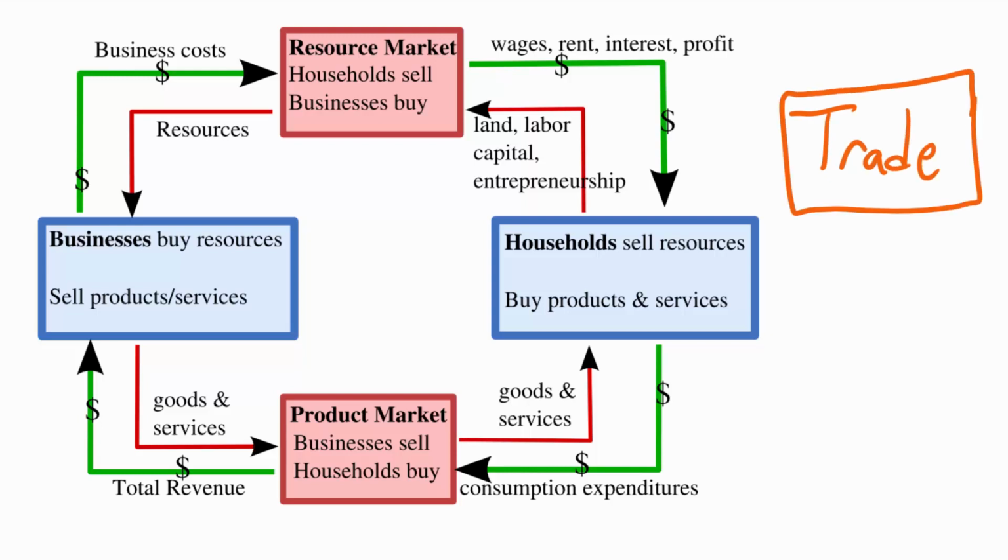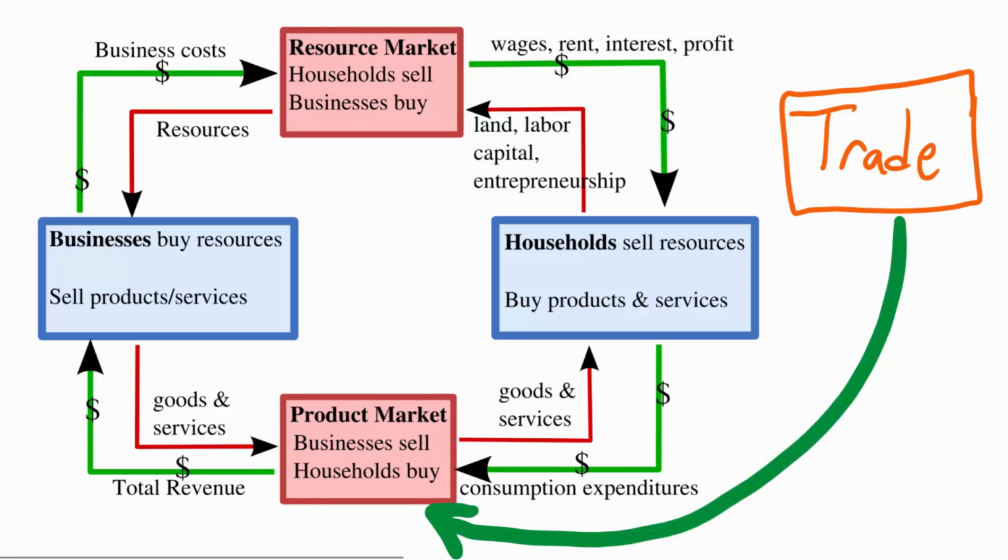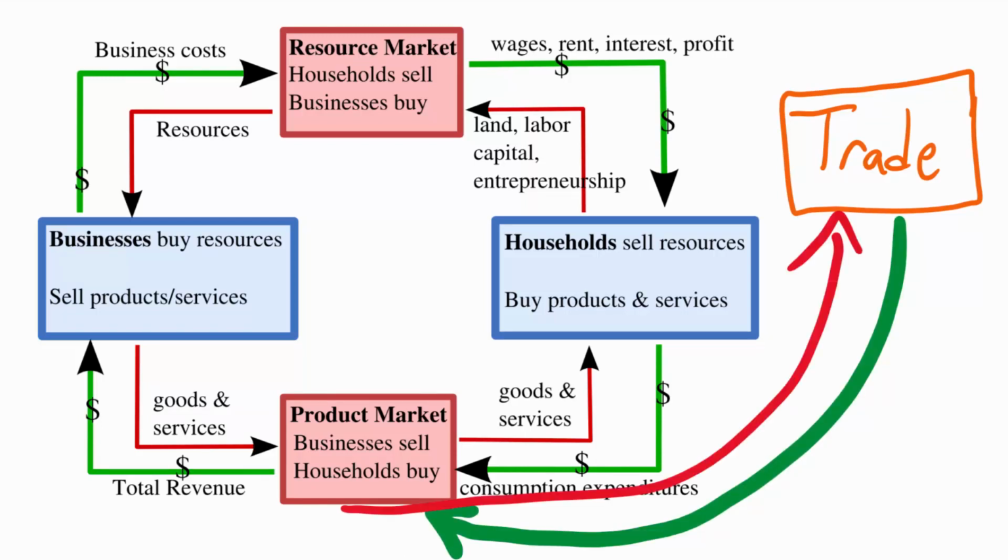How do foreign countries interact with the United States or Europe or whatever country or region we wanted to study here? Of course, foreigners send money to the product market and they buy our stuff. And of course, households from the United States, we send money back to other countries and we get their stuff.